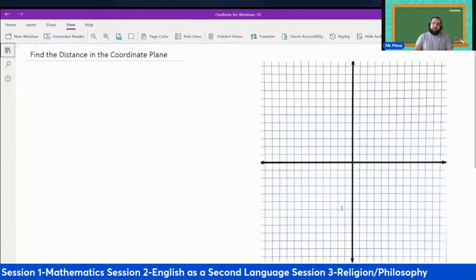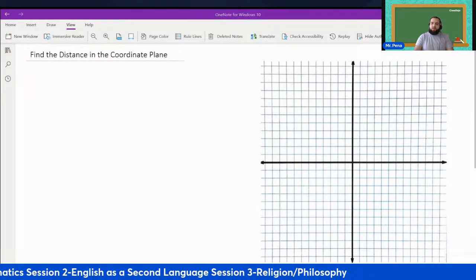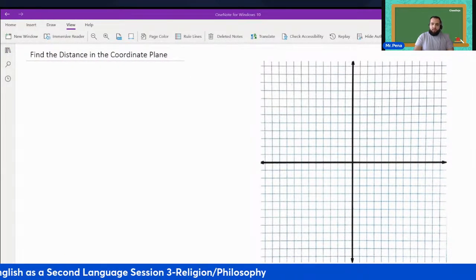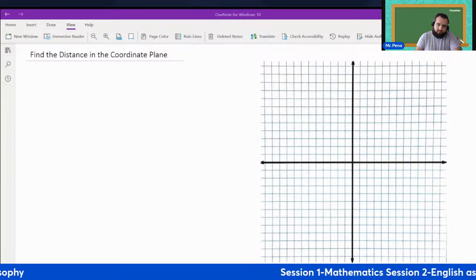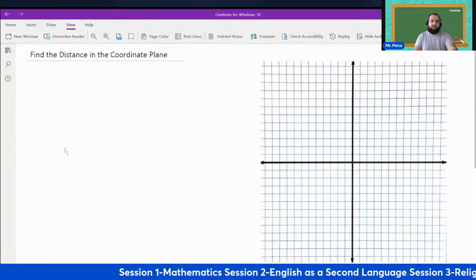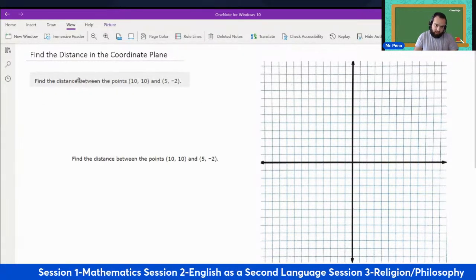Now, we're going to find the distance in the coordinate plane. What it gives us are 2 points. We have 10 and 10, and then 5 and -2.